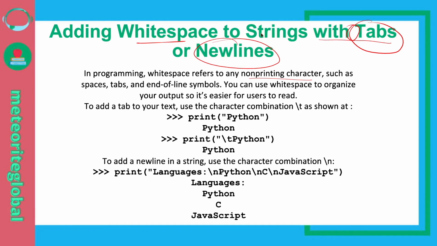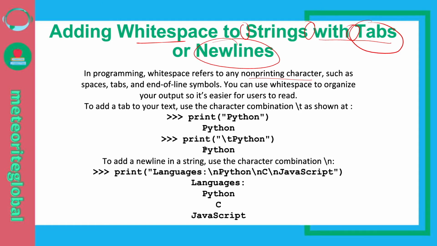This is called a white space, right here and here. So such places, tabs, and end of line symbols, you can use white spaces to organize your output, make it easy to read and make it pretty and presentable.